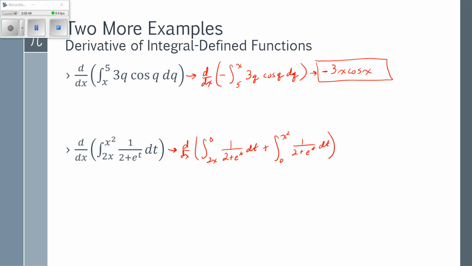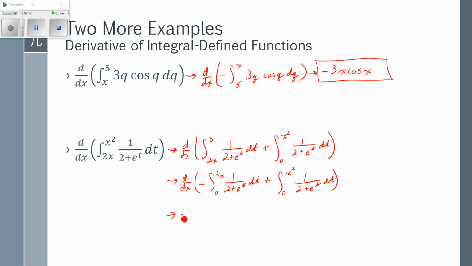The 0 to x squared is set up the way I need to take the derivative, but I need to do the order of integration on the 2x to 0. So this is the derivative with respect to x of the negative integral of 0 to 2x plus the integral from 0 to x squared. Now I can start going through.